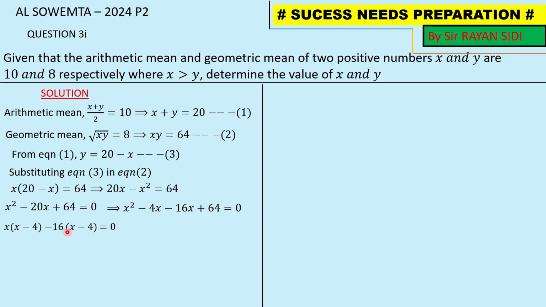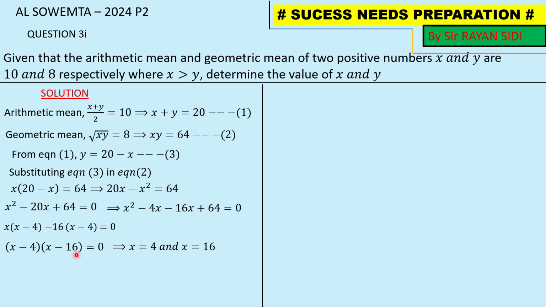It simply means that I'm going to have (x - 4)(x - 16) = 0. From there, x = 4 and x = 16 when I equate both of them to 0.